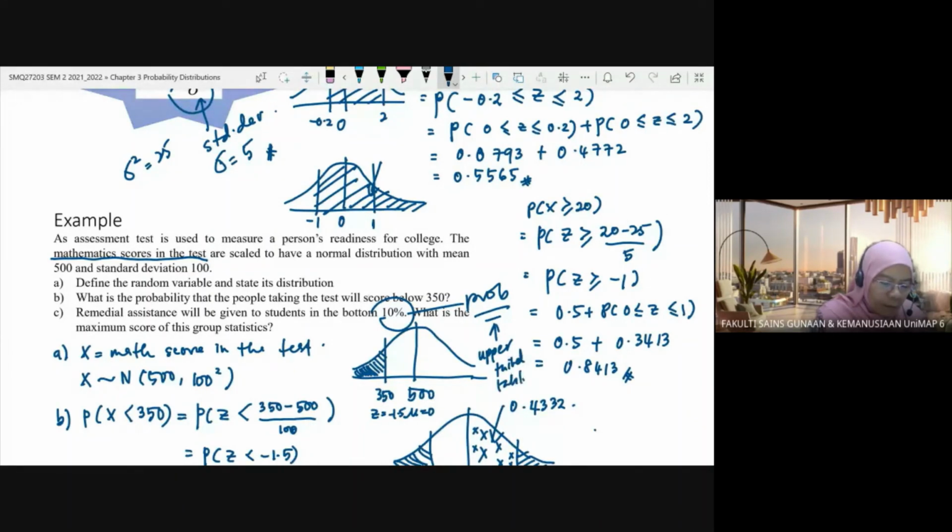But for question B, you are being asked to find the probability value. Then this one refers to the standard normal table directly. So that is the difference between when to use the upper tail table and when to use the standard normal table. Hopefully you get me correct.